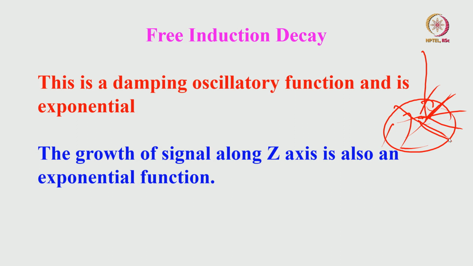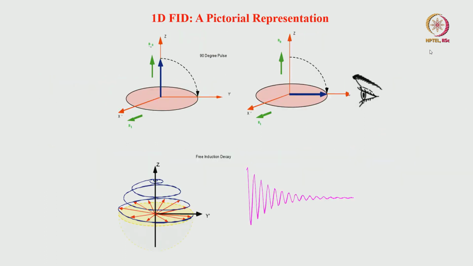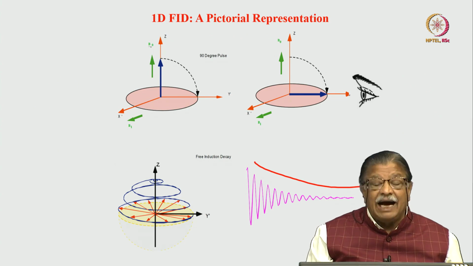Then while undergoing decay in the xy plane, it starts going back along the z axis. It grows along the z axis, and this is an exponential function. Both the decay in the xy plane and the growth along the z axis are exponential functions.